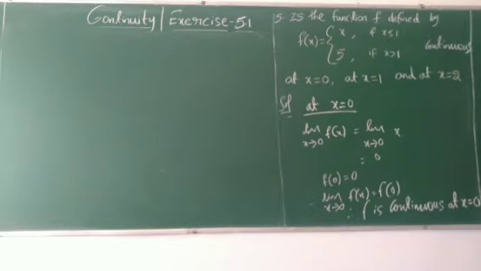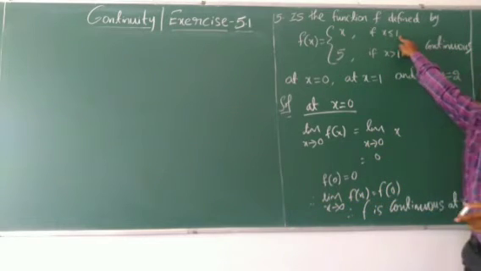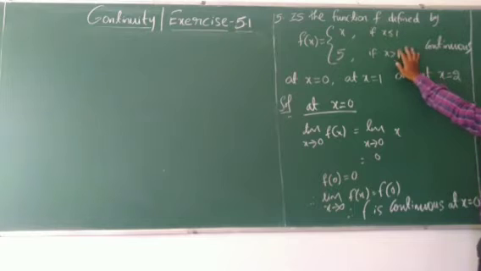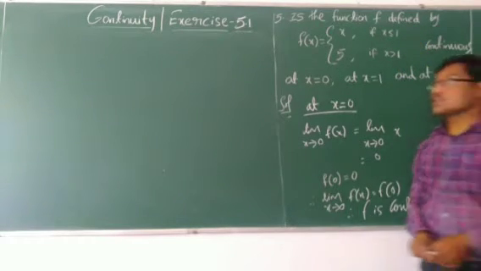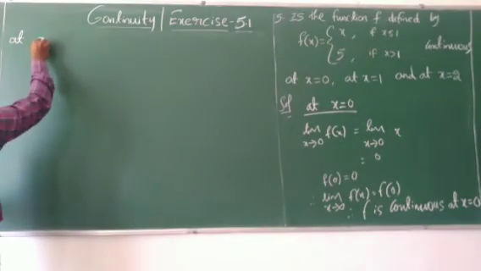Next, consider x equal to 1. At x equal to 1, we have less than and greater than. At x equal to 0, you do not have less than, greater than. At x equal to 1, we have less than 1, greater than 1. So, in that case, we need to consider the left hand and right hand limit.